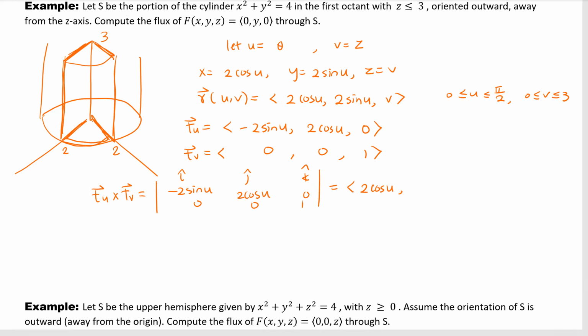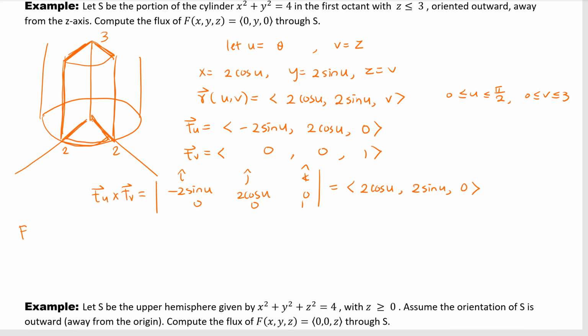Then minus j times the determinant, and the minus becomes plus, so 2 sine u. And k times the determinant of this, which is 0. So far so good, everybody? We have actually done something like this in our previous example about surface integrals of a scalar-valued function. But here we don't need to find the magnitude.